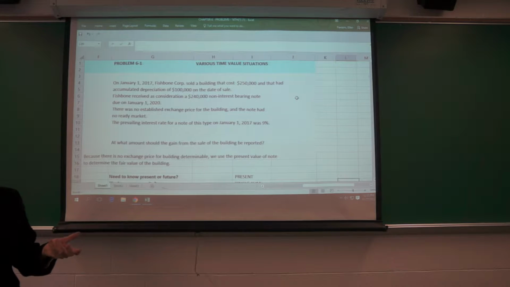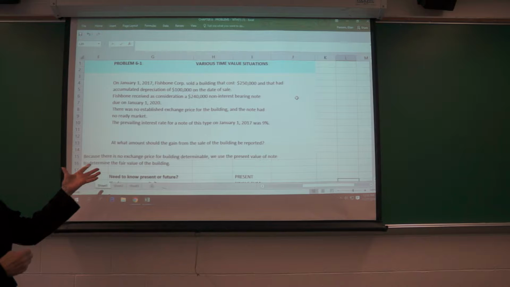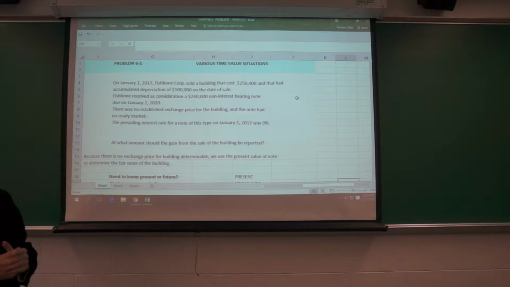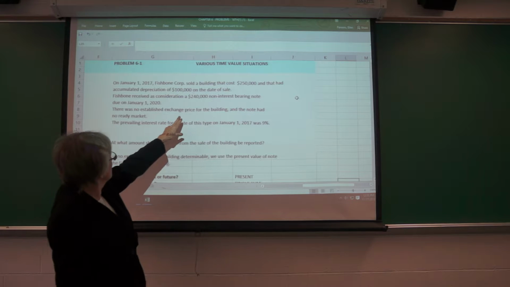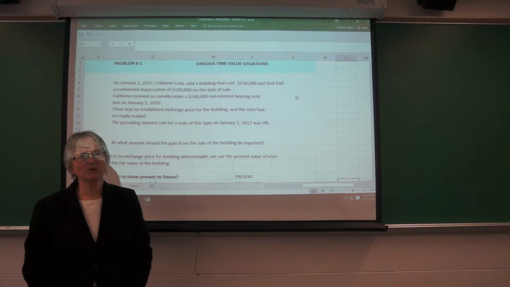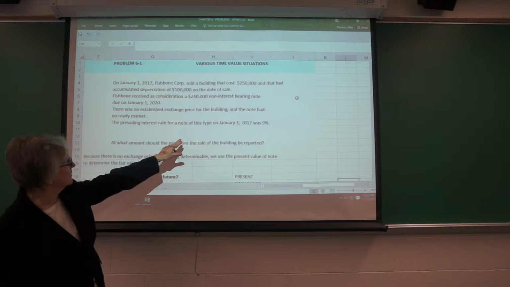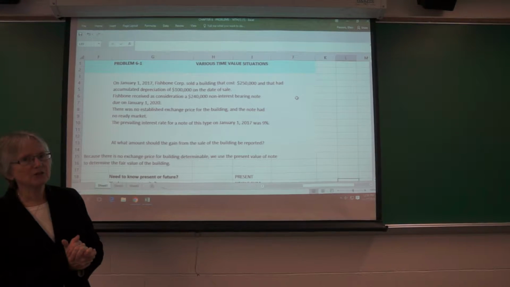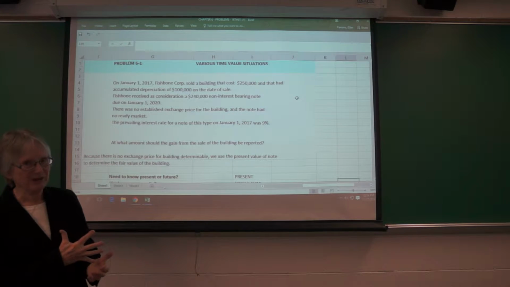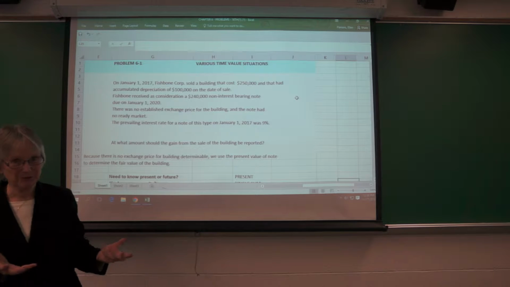We know we have to take off the accumulated depreciation, and we have to take the equipment off the books, and they have indicated that there is a gain on the sale. And so what we have to sort out is really, since the note receivable is the only solid number we have along with the prevailing interest rate, if we discount that note back to the present value, then we can figure out the rest of it.